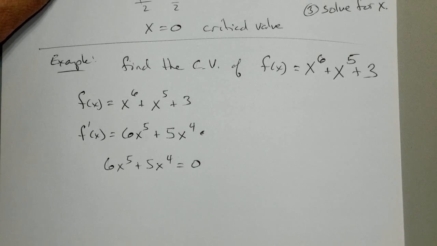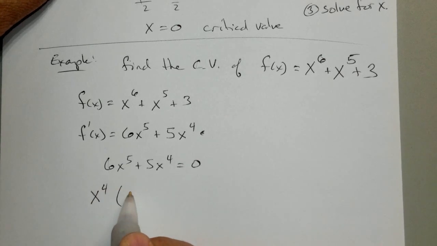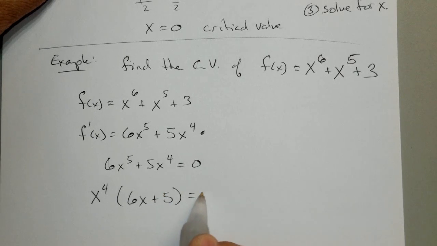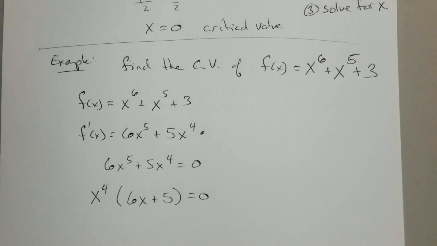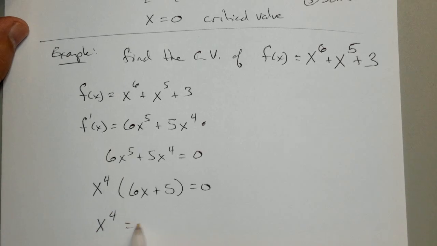Common factor, which is what? Take out x to the fourth, gives us x^4 times (6x plus 5) equals 0. Then set both of those factors equal to 0.